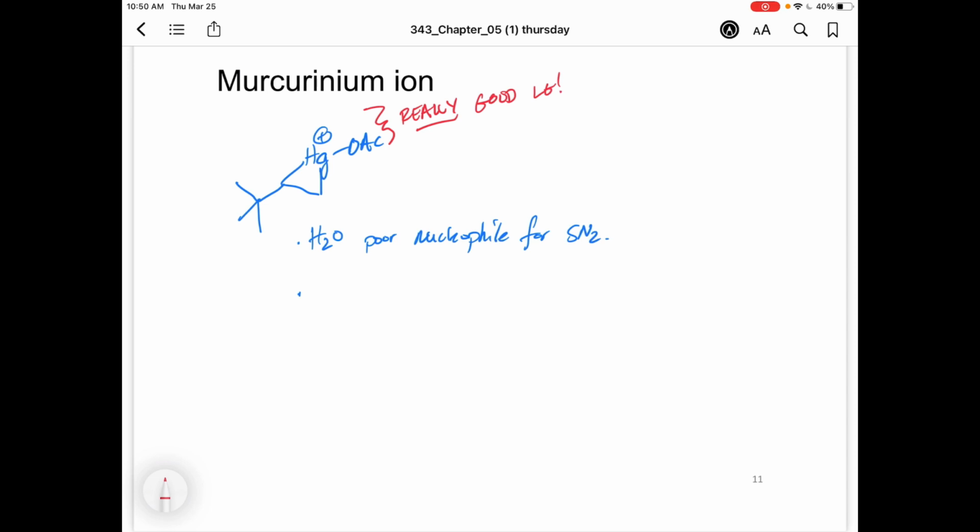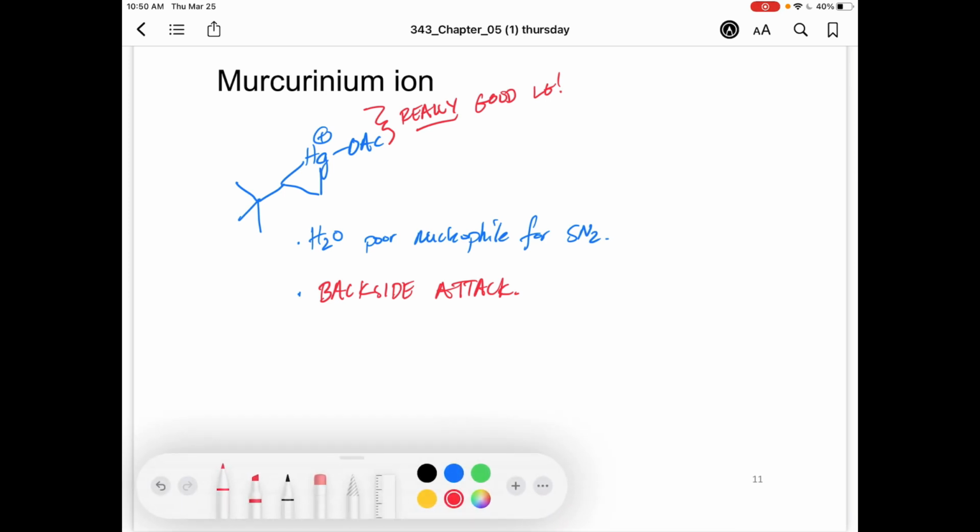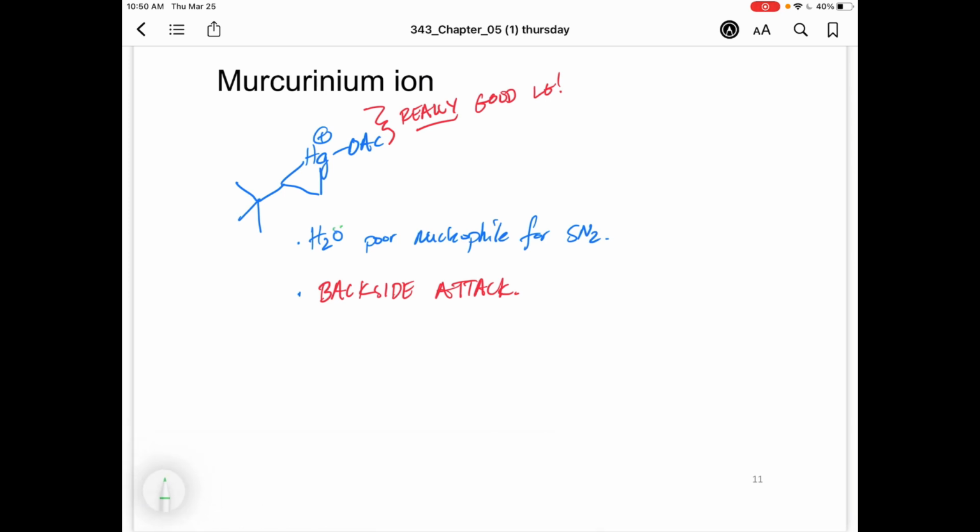And there will be backside attack, similar to SN2, right? And I like to think about this mercury as kind of like a springboard. So when I take my water and I attack at the most substituted, this carbon-mercury bond just really wants to leave. It just pops open. It's strained. It's also positively charged. It really wants to have those electrons. And so this is why water can be used as a nucleophile.